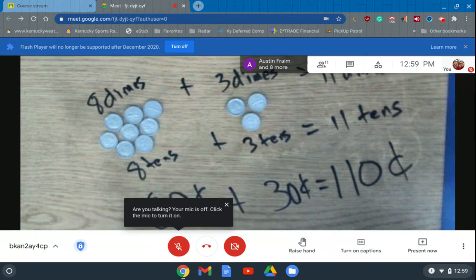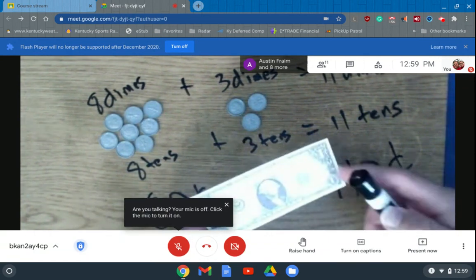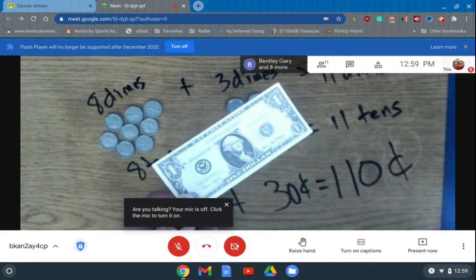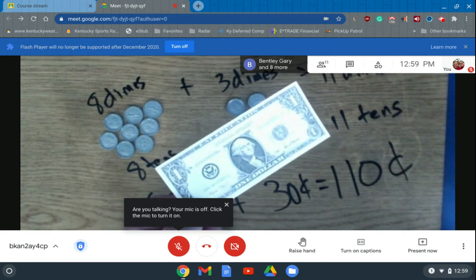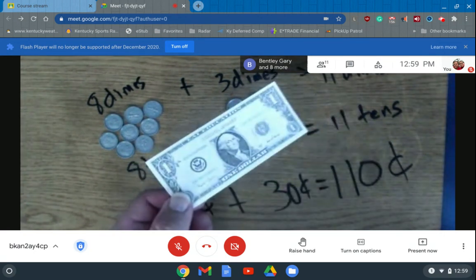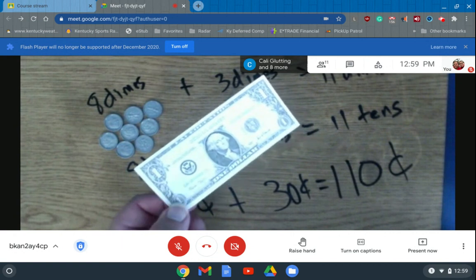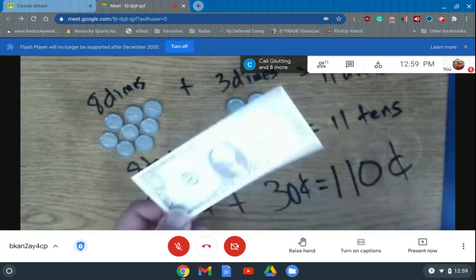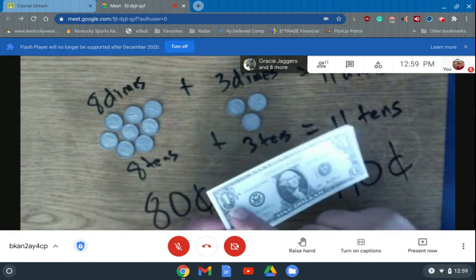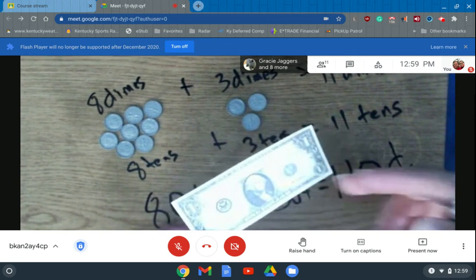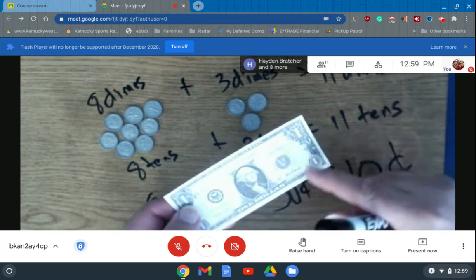Oh my goodness. So, but that just says 1. But in cents, that is 100 cents. That's 100 cents exactly. Okay, $1 is 100 cents, not just the 1. This is not 1 cent. It's $1. That's why it has the 1 on it.